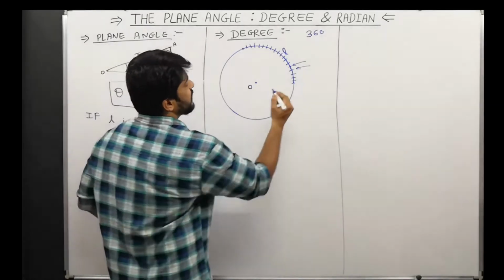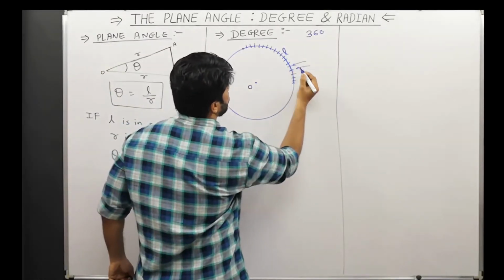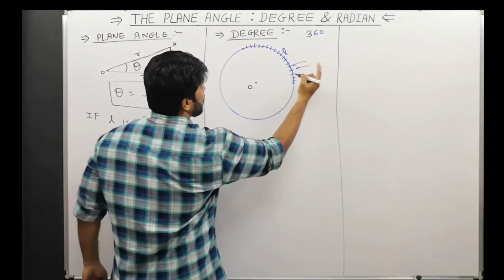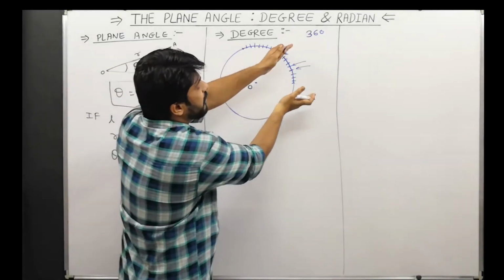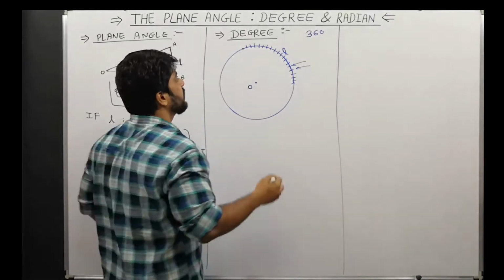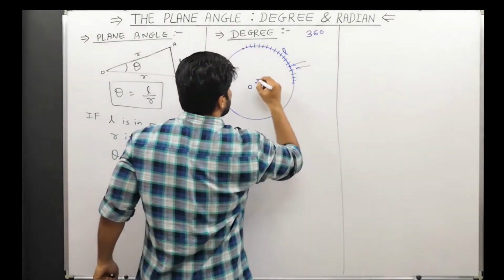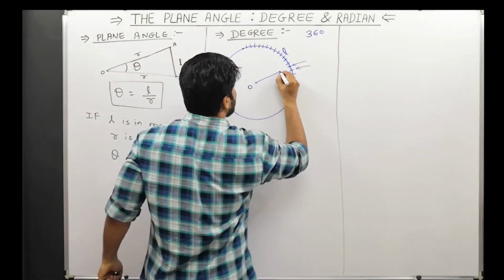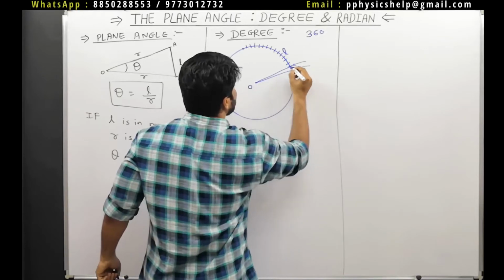So let's talk about this small arc over here. Now just like we saw, every arc subtends a certain angle with the center. So this arc is also going to subtend a certain angle, isn't it?